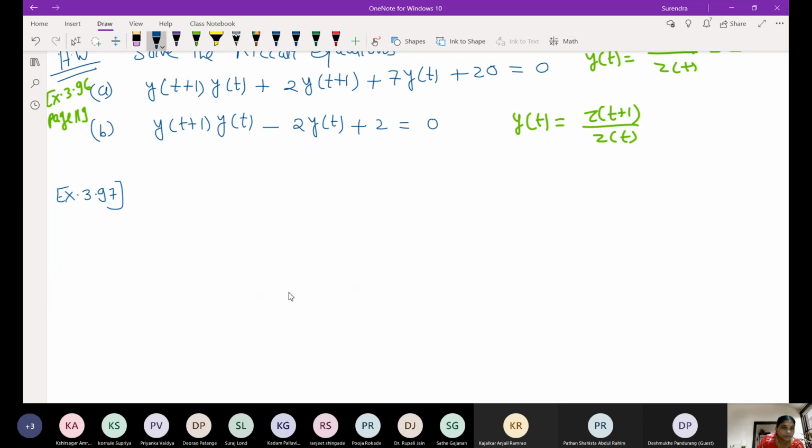Solve the Riccati type of equation. y at t plus 1 into yt plus 7 y at t plus 1 plus yt plus 15 is equal to 0. So here the substitution will be yt is equal to z at t plus 1 upon zt minus 1. Minus 7. P of t is 7 here.